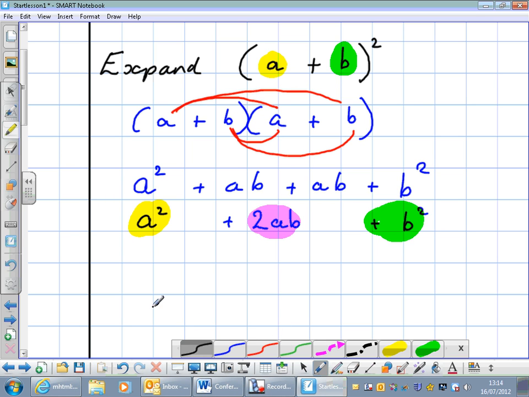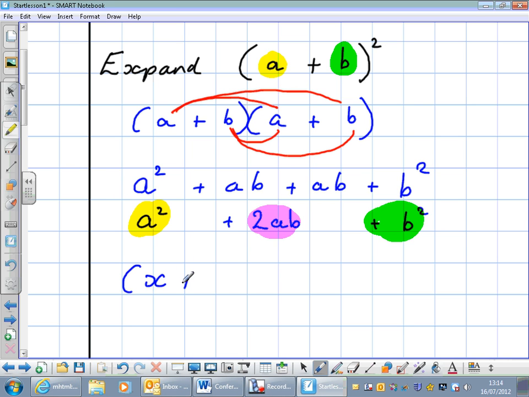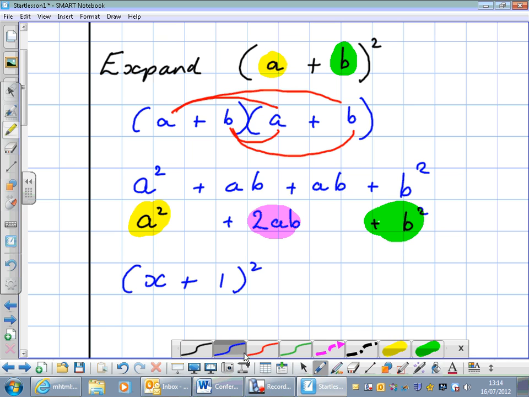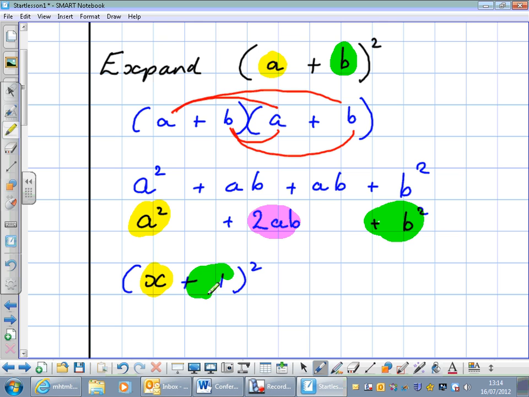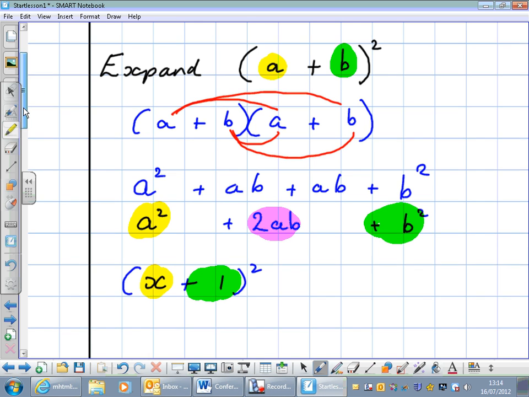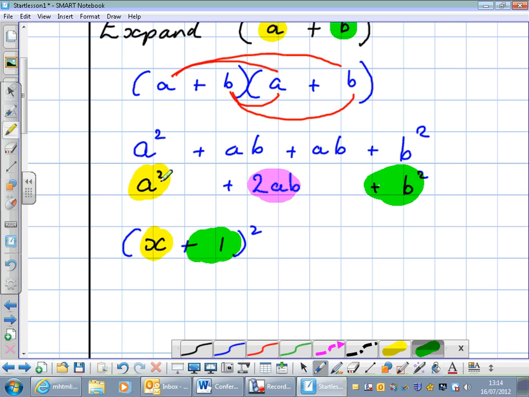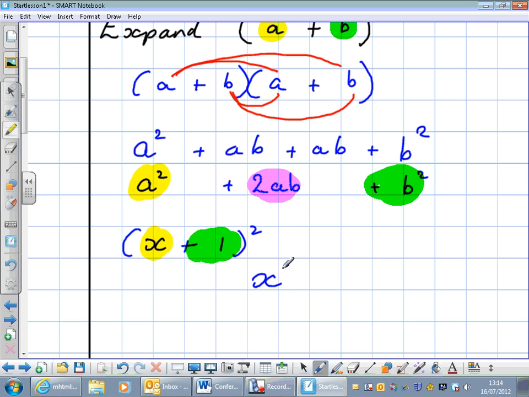Now, I said a and b could stand for anything. So we can use this, for instance, say I were to expand (x + 1) all squared. In this case, a is x and b is plus 1. So I can quickly write down, replacing a with x and b with 1, that the expansion is x squared.